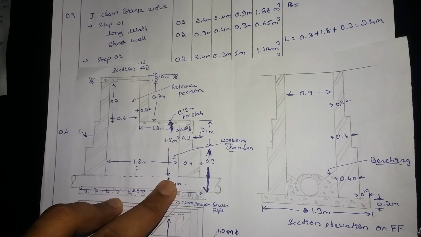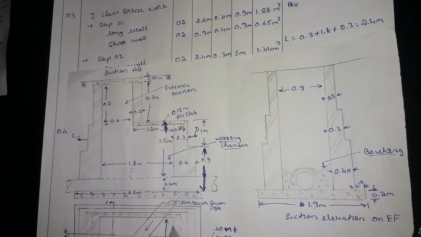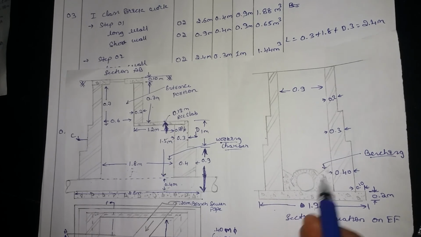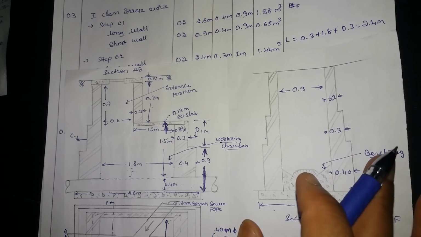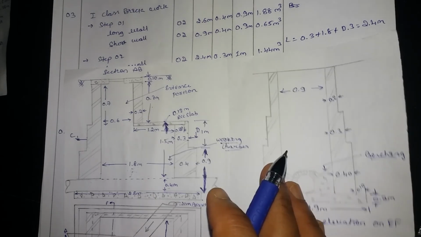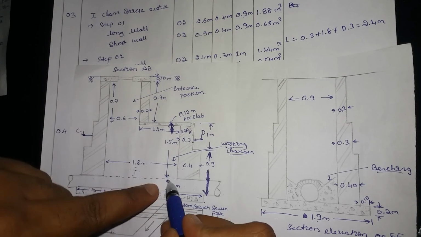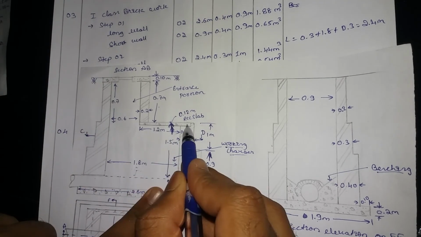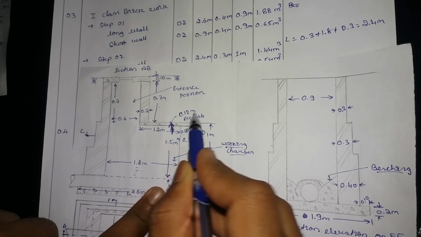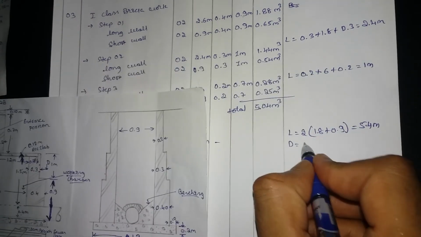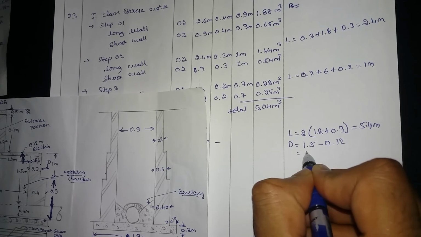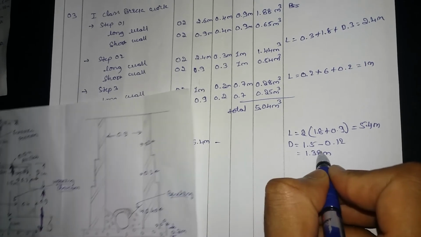The remaining sides of this pipe will be going for the benching, so nothing is required as cement pointing there, so we are considering up to here. So this 1.5 includes the RCC slab also, whose thickness is 0.12 meter, so we need to reduce that: 1.5 minus 0.12, the thickness of the slab, so you will get 1.38 meter as your depth.